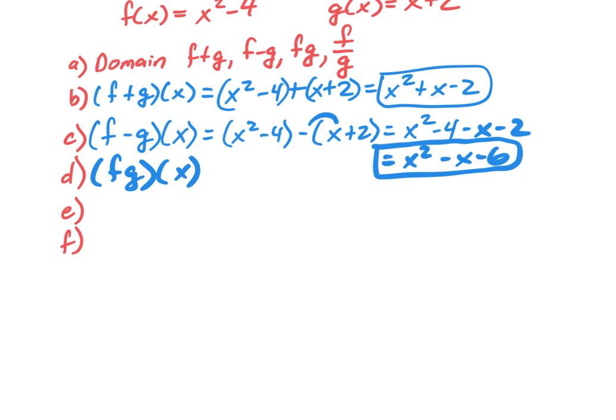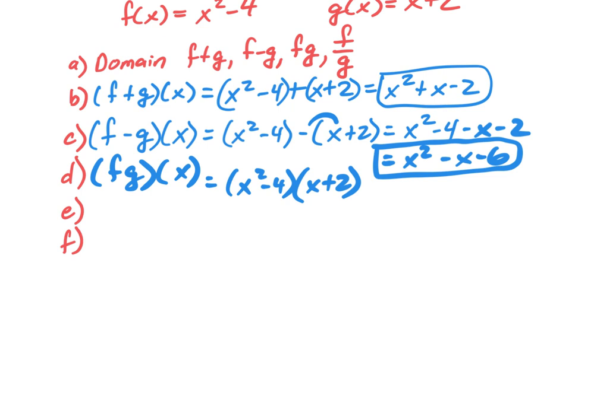The next one is f times g of x. Once again, parentheses, I think, are pretty important here. I think it would be helpful to get in the habit of putting it in parentheses. This is something we haven't done for a while, but when I see these two things being multiplied together, what does that mean? What are we going to do? It's a FOIL, yeah.